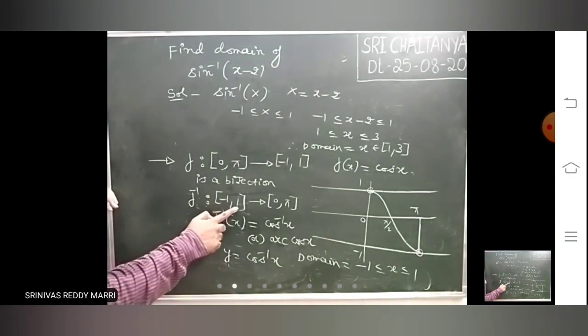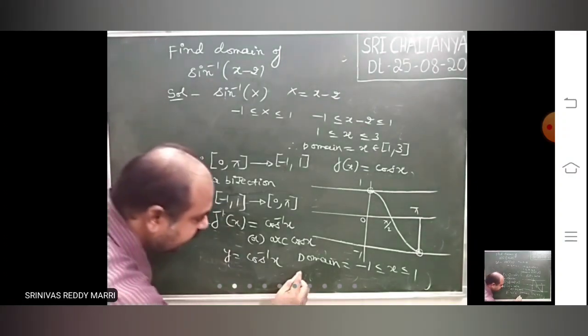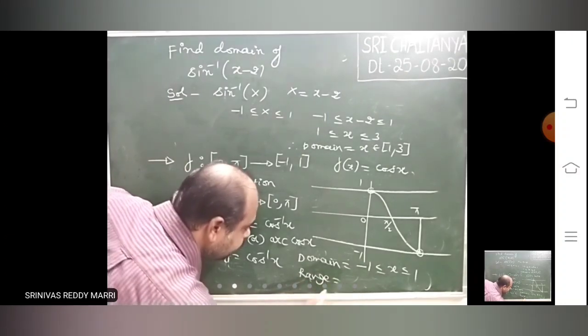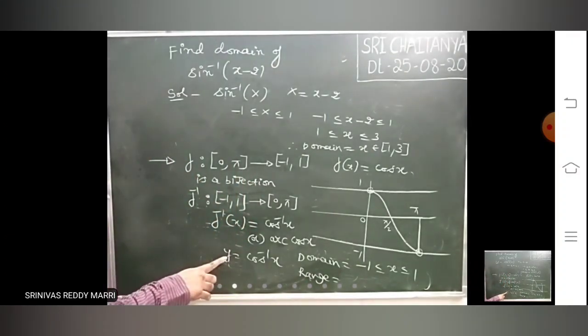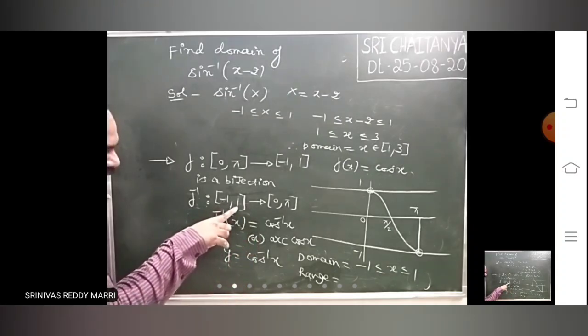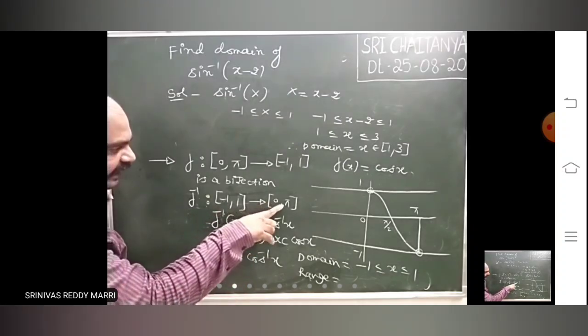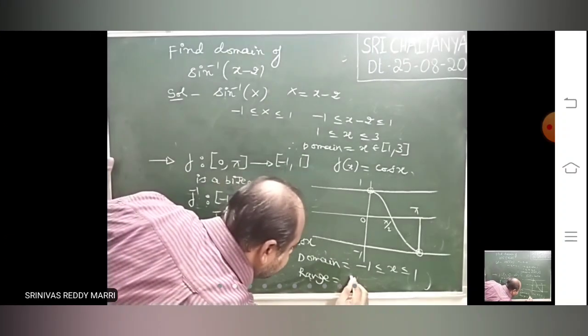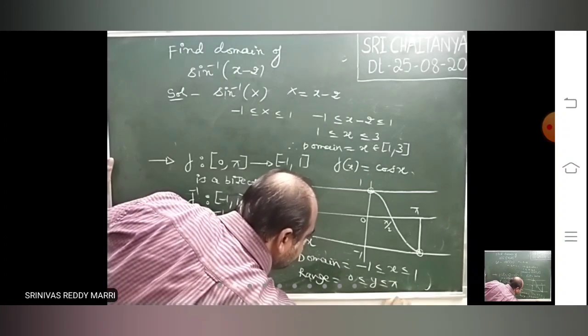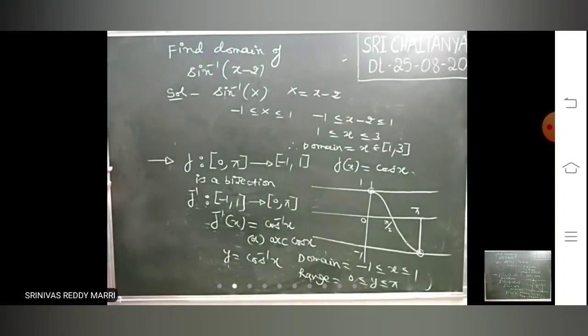Domain is -1 to 1. Range means the y value. If x lies between -1 and 1, y will lie in the interval 0 to pi. That means 0 less than or equal to y less than or equal to pi.